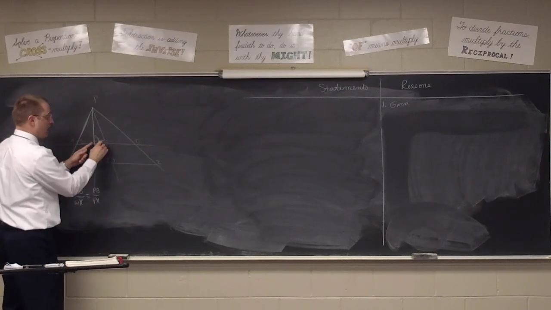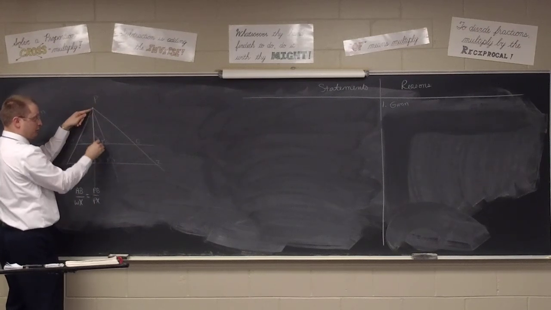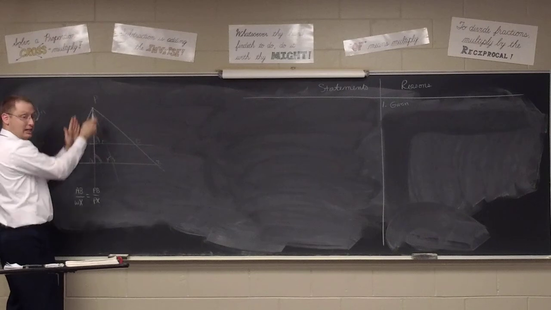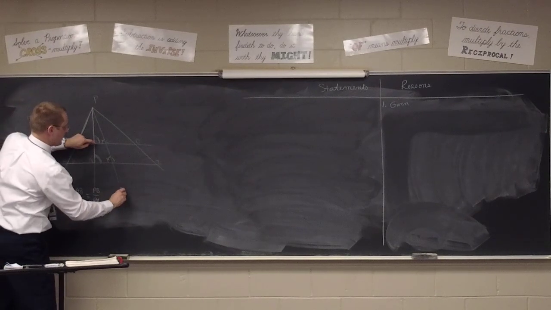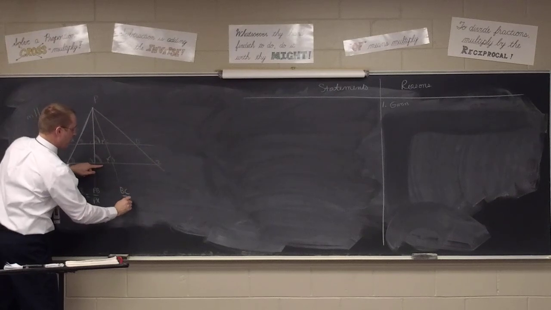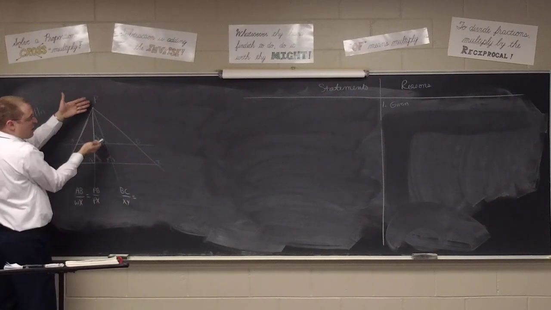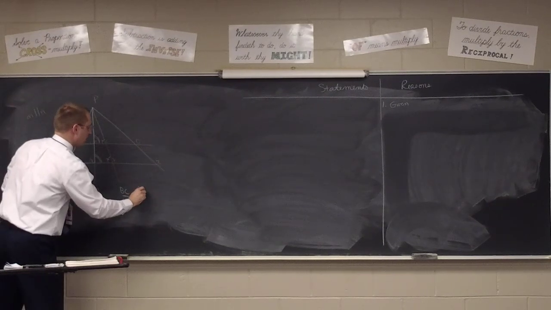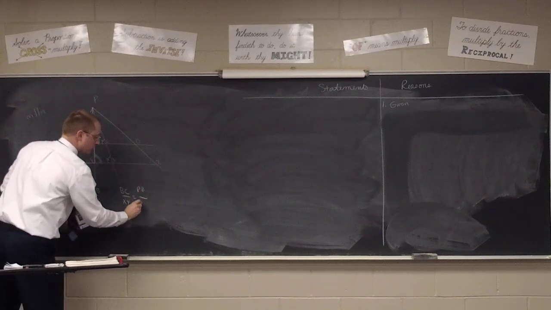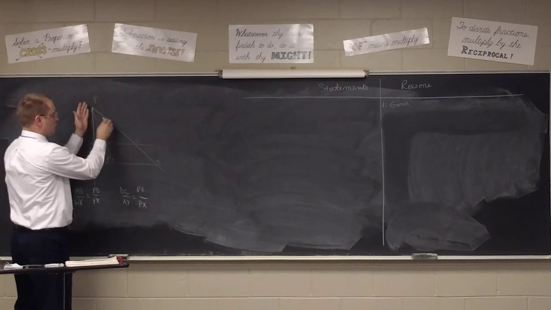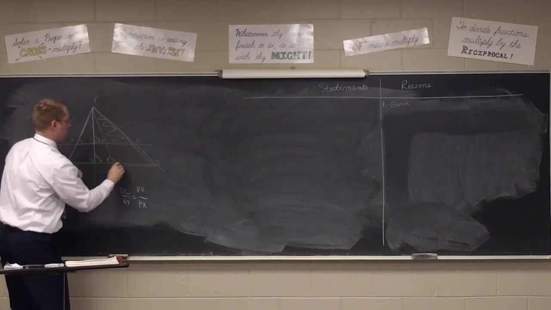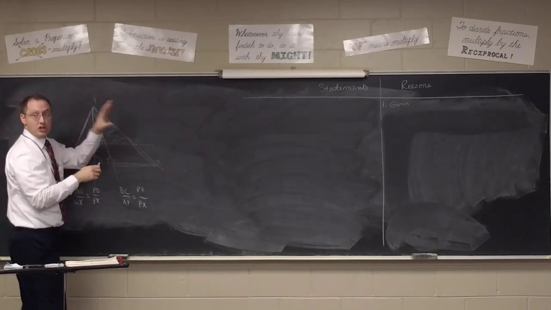On a similar note, we could say that this angle equals this angle, and this angle equals this angle. So we could say that these 2 triangles, this little top guy and this whole guy here, are proportional. So that we could say that BC is to XY as any other 2 sides. Let's just say PB is to PX, for instance. You realize you could keep going with this pattern, right? These 2 triangles would have to be similar, and you could just keep going and going.